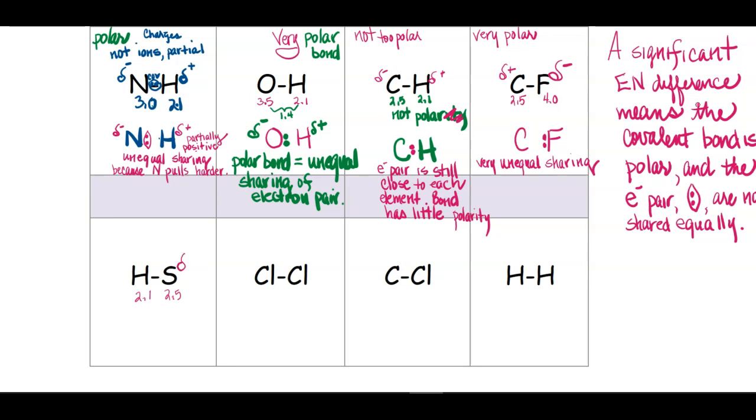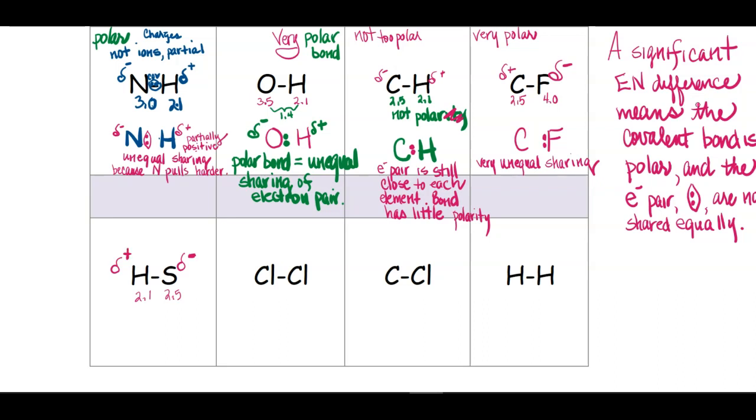So I, in the meantime, will just draw the lowercase delta. All right. So the one with the highest electronegativity attracts the pair of negatively charged electrons more. So that gives it a negative sign because it's closer to the negative electron. All right, and so this one would be positive.